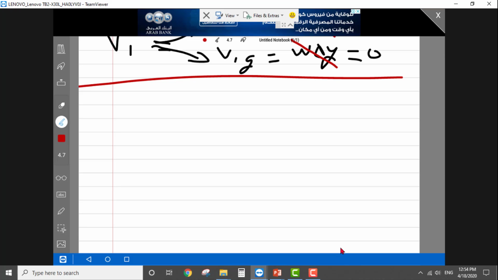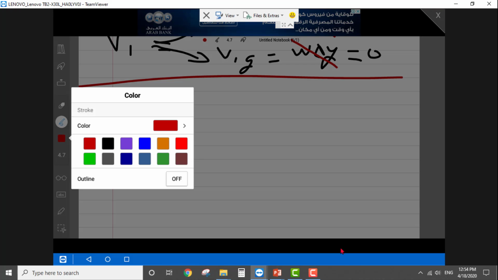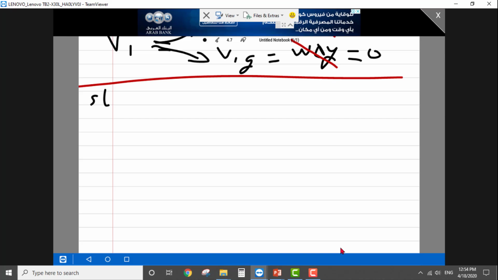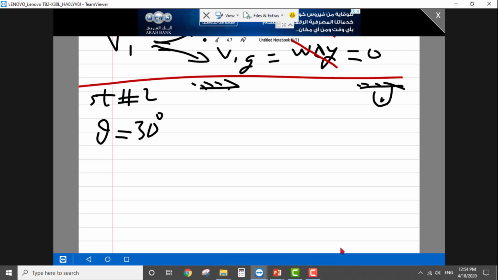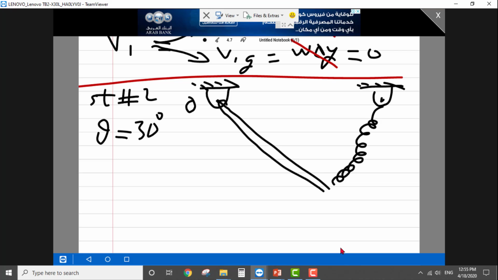Let me again draw the problem. Here is state 2, when theta is equal to 30. Here is the first point where the spring is hanged, and here is the second point, and we name it O. Here is the spring stretched, and here is the cord or the rod.